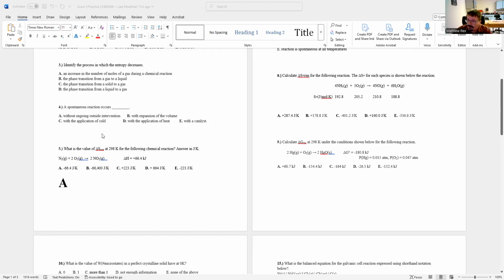What's the value of delta S surroundings at 298 degrees for the following chemical reaction?